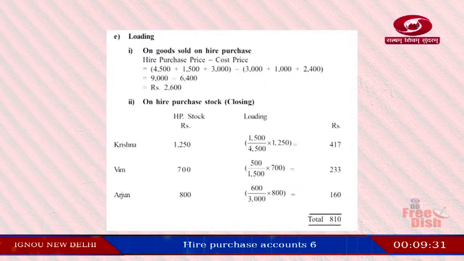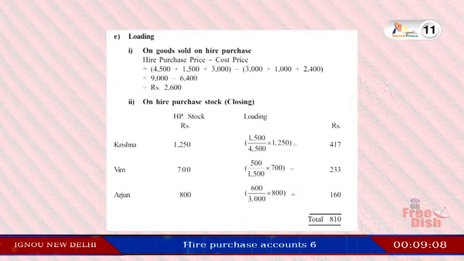So it means this 1500 is included in this. So this 1500 is representing the loading of 1500 rupees as down payment, and the balance in 12 monthly installments of rupees 250. So the amount which is unsold.